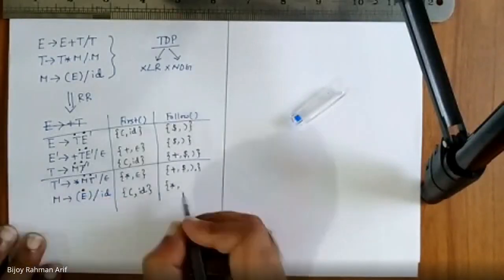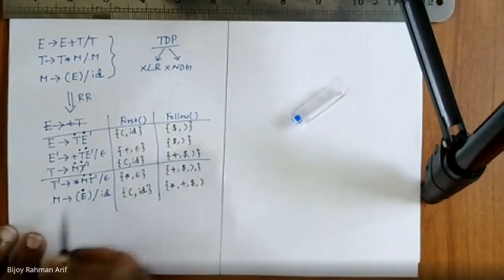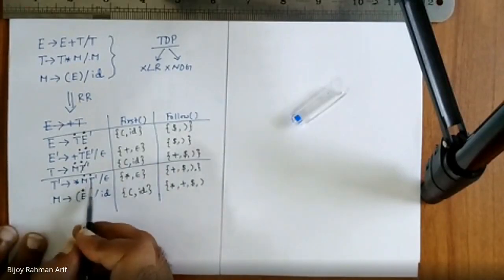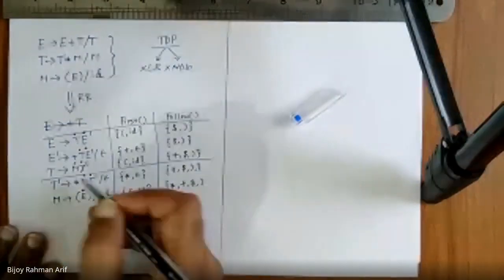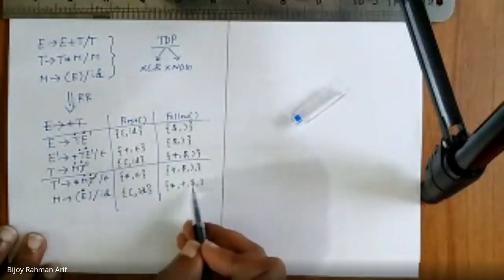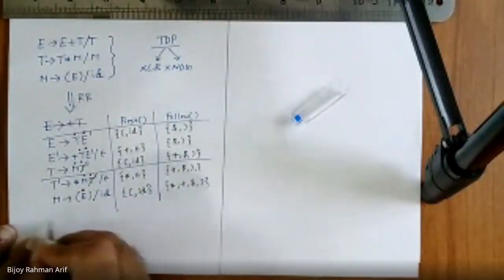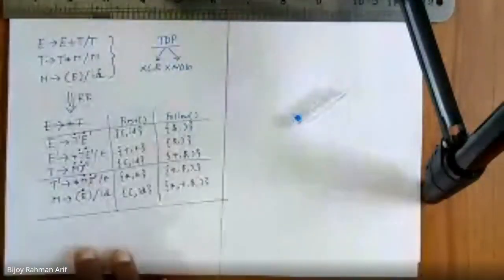So follow of T is plus, dollar, close parenthesis. So we are done with this. For this one, it is first of T dash: star is already there, and epsilon. If you put epsilon, this one vanished, so follow of T dash is plus, dollar, close parenthesis. Yeah, so this is the first and follow table.